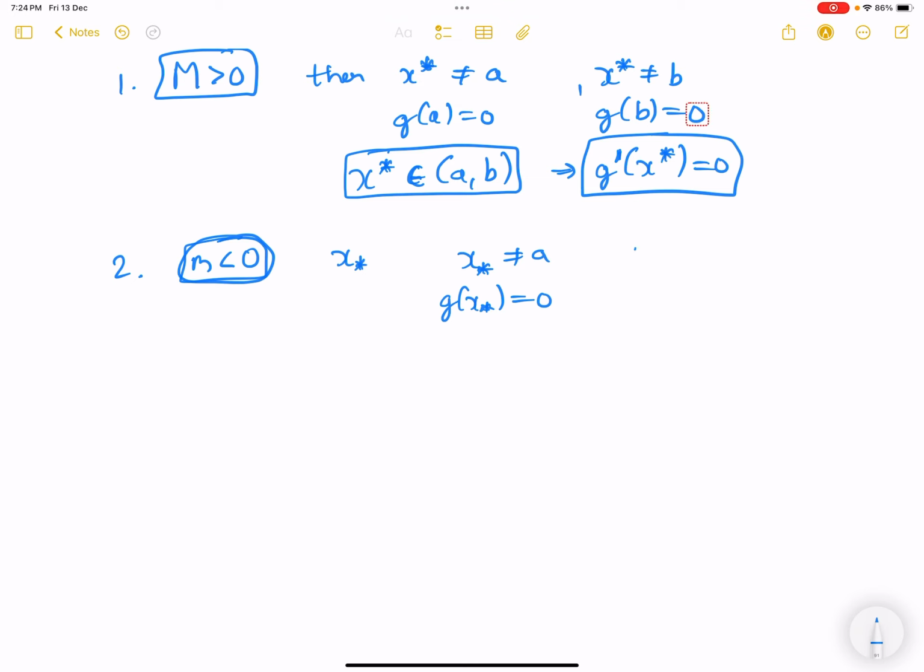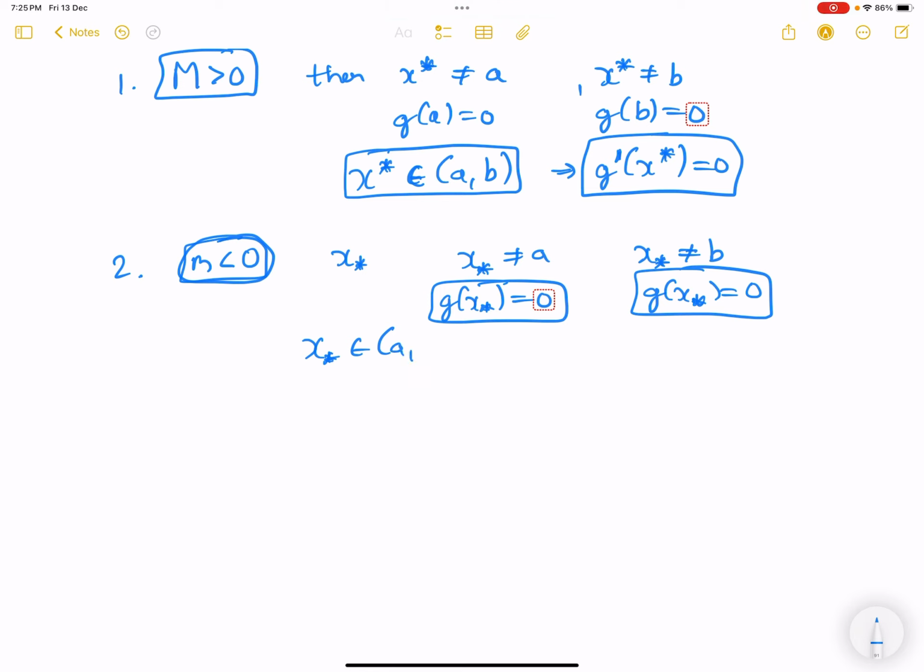Similarly, it cannot be equal to b. So this cannot take place. So we know the point belongs to the interval (a, b). Similarly, g' at that point would be equal to 0.